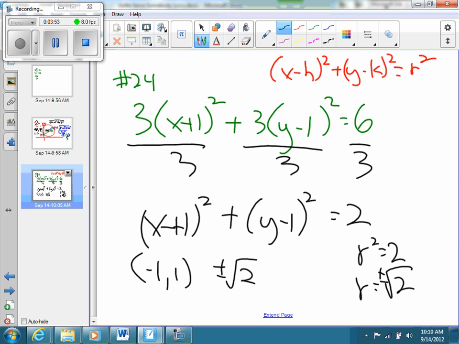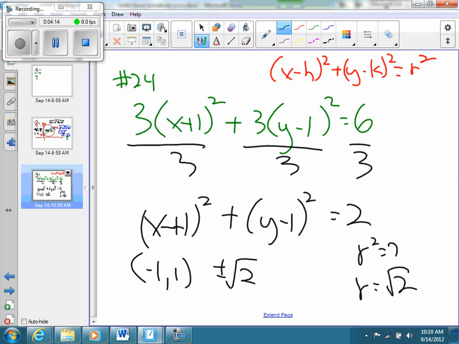You can't have a negative distance, right? So my radius is just the square root of 2. Are we good with that? Is that part of your confusion on it? Okay, so far so good.